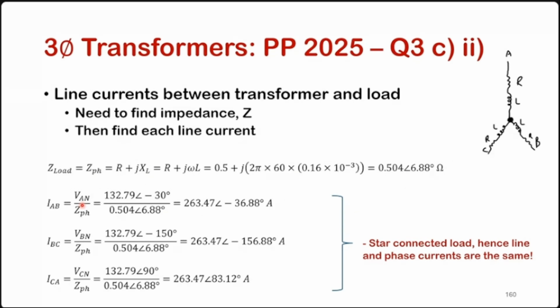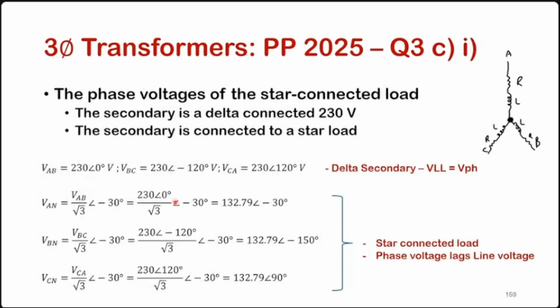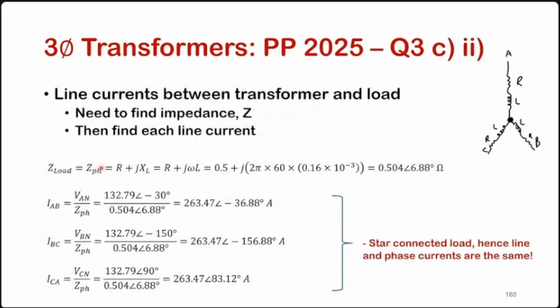So for star configuration, your line and phase currents are the same. To find your line current or your phase current, you basically take your phase voltage that I calculated before, divided by your per phase impedance, and then you get this.